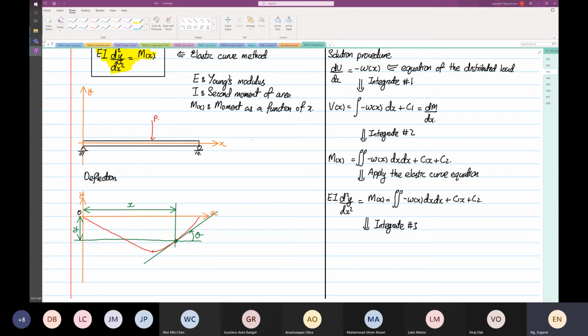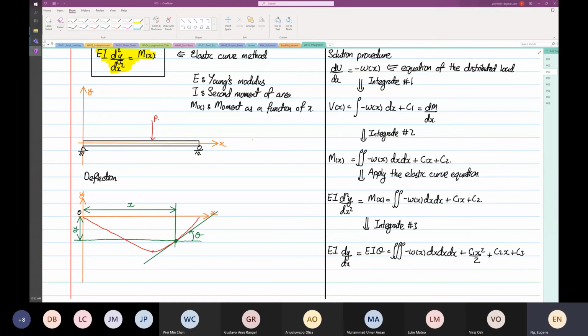So when you integrate the third time, you have EI dy by dx, which is EI theta. That's the equation of the slope. This is equal to minus omega x three times integrated, plus c1x squared over 2 plus c2x plus c3.